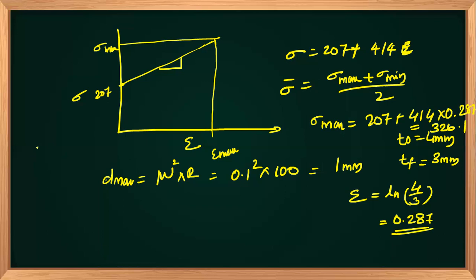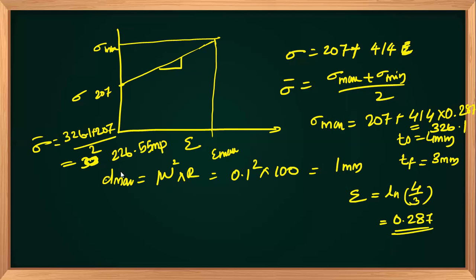So sigma bar will be equal to 326.1 plus 207 divided by 2. Oh, I made a mistake. It is 266.55 MPa.